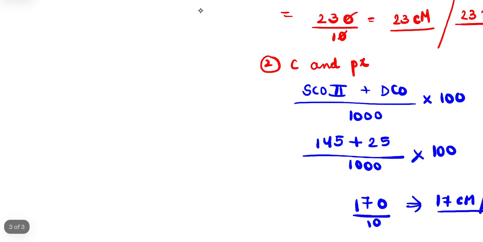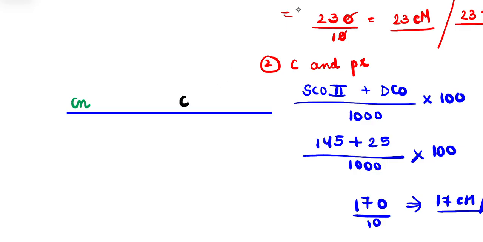Now what you need to do is very simple. Now you have to create the linkage map. For that you will draw a straight line, then you can even use three different colors. One is for CN, then one is for C, and then one is for PX.